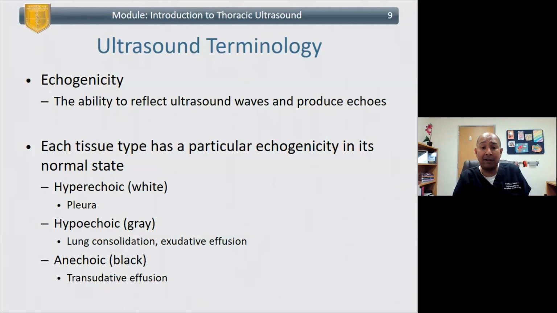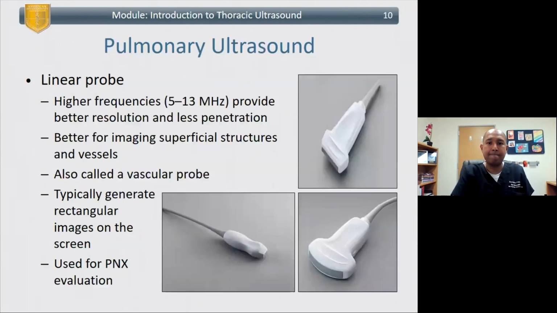If it's hypoechoic, think about lymph nodes. If it's anechoic, it's going to be just black, and the ultrasound waves are going to be attenuated. A classic example of that is a transudative effusion in the pleural space: CHF, cirrhotic, nephrotic.